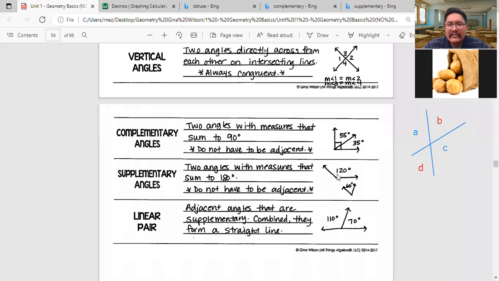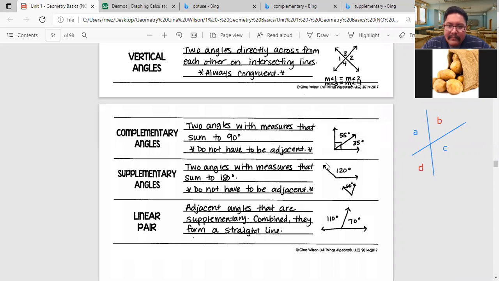So completing something. In this case, let's look at this 120 degree angle. And then I have another angle that's 60. Here it says it does not have to be adjacent. These ones are not adjacent at all. They're not sharing a side, right? They're not next to each other.